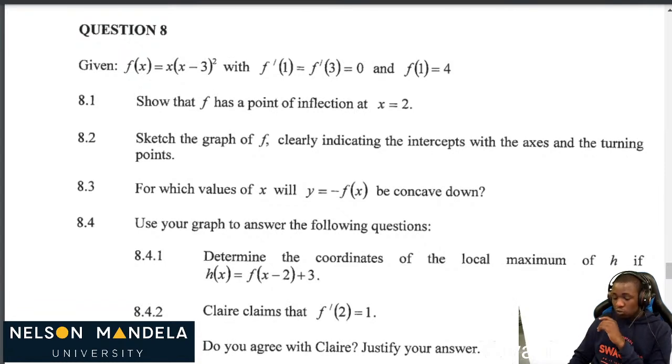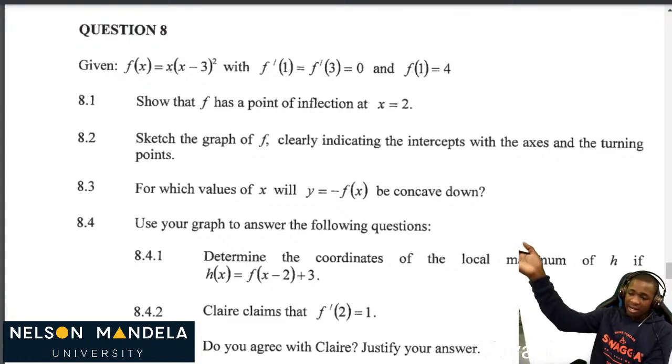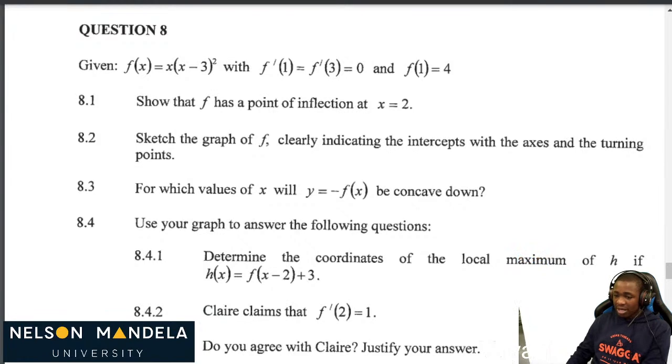So we have to look at where the graph is concave up. The graph is concave up when x is greater than 2. From this point, when x is greater than 2, it is concaving up. So it has been reflected along the x-axis, which means that's going to be our answer.